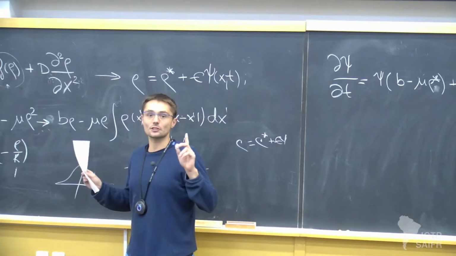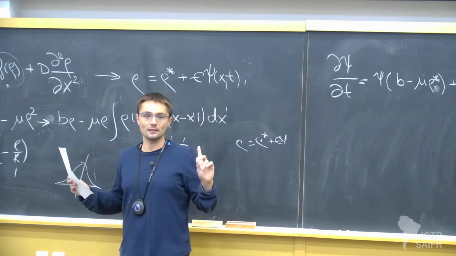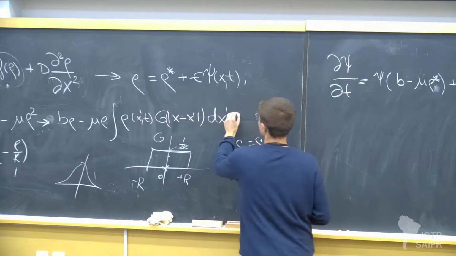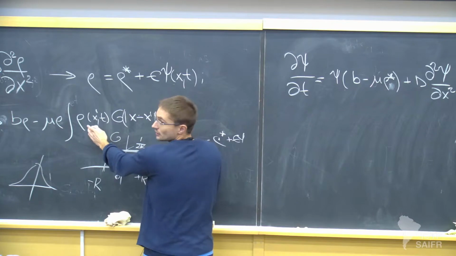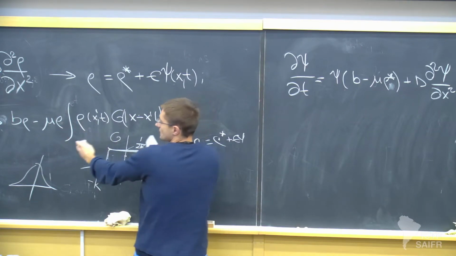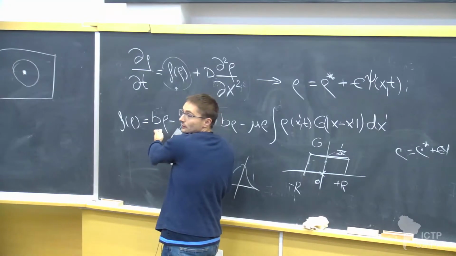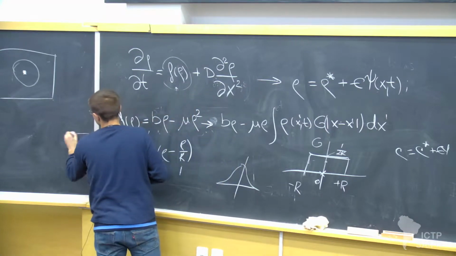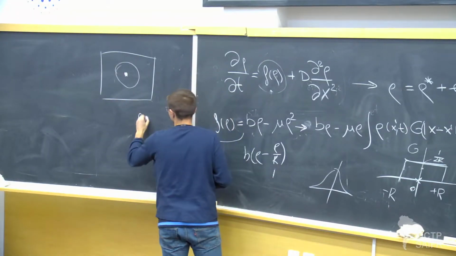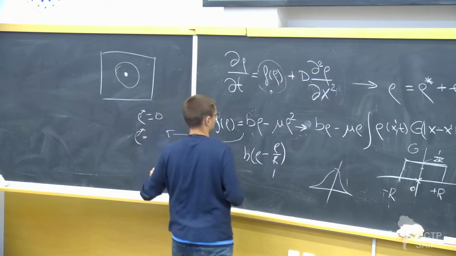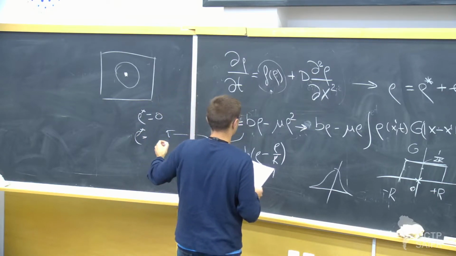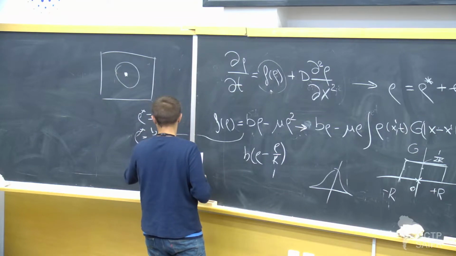I'm assuming that rho star is a non-homogeneous solution in space. So therefore, if I assume that rho is not a function of space, this is the same as this, right? And the fixed points are, and the other one was B over mu, huh?